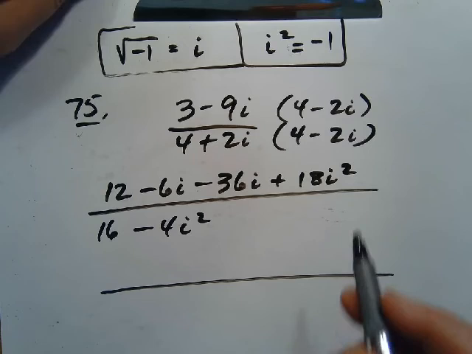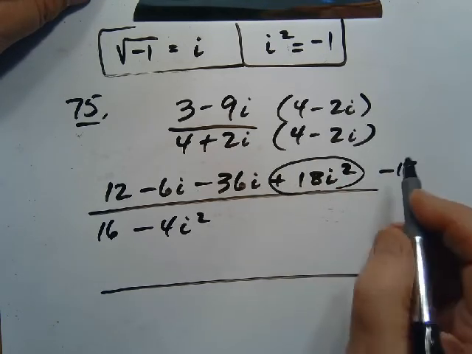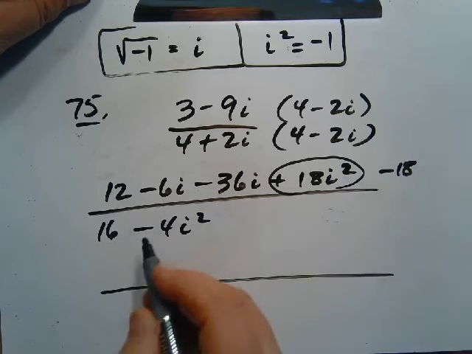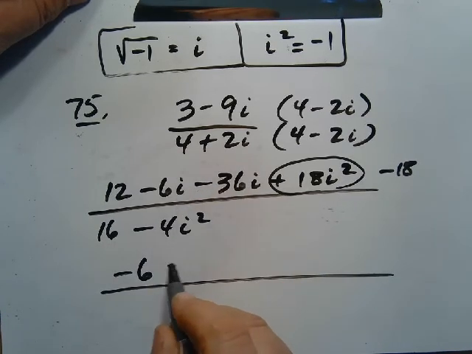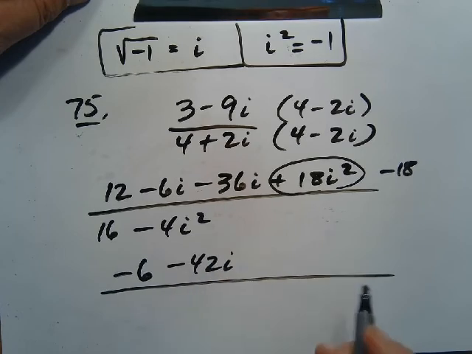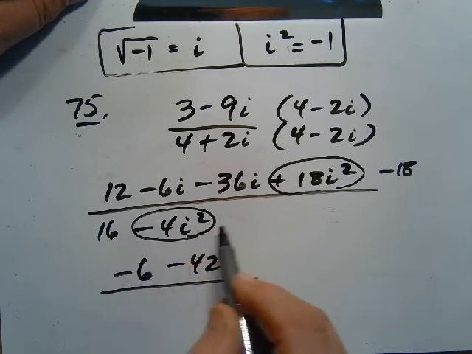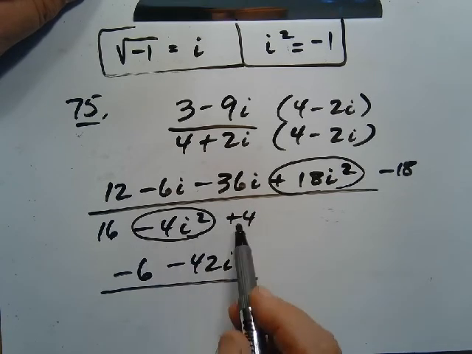Well, what do we end up with here? Well, this is equal to a negative 18. i squared is a negative 1. And 12 and a negative 18 is a negative 6. In the middle terms here, I got negative 42i. And on the bottom, this is a positive 4. Negative 1 times negative 4 is a positive.